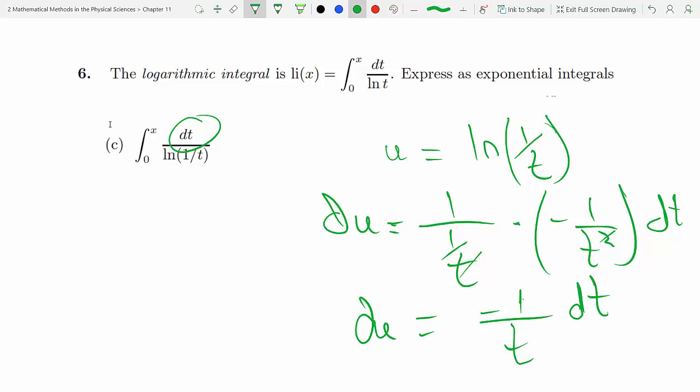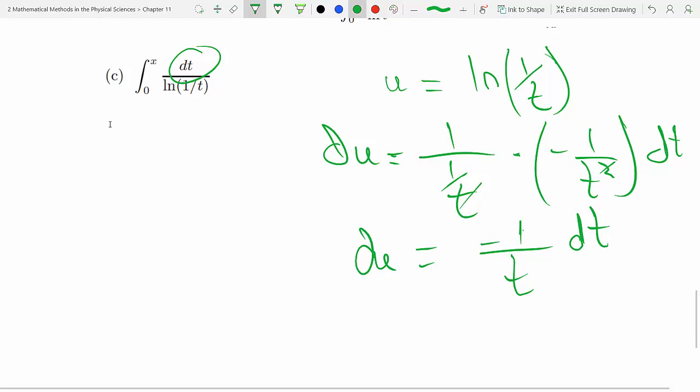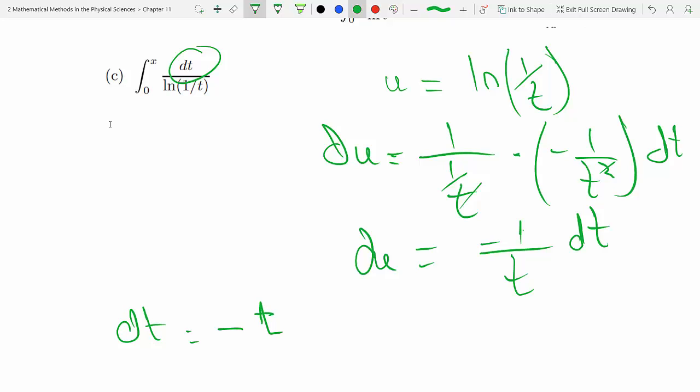You also have to change the bounds. So from this I conclude that dt is equal to minus t du.